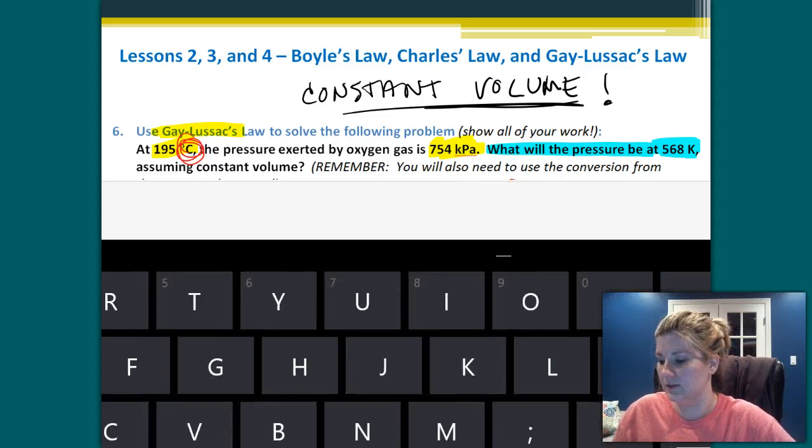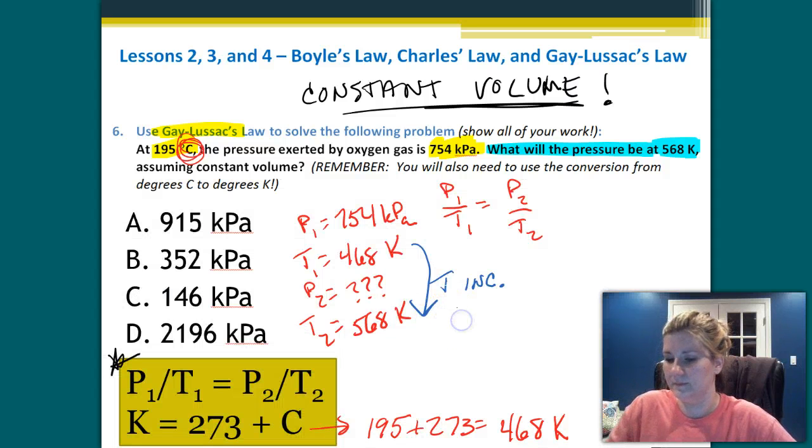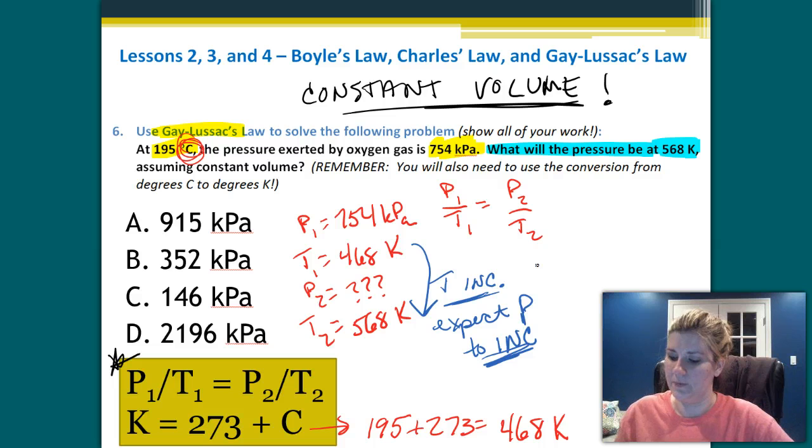If the temperature increases, we can expect P to increase as well. So if pressure is going to increase from the original 754, that means we can't have 352 be the right answer. That's less than 754. C is also not the right answer. That is less than 754. We're left with 915 or 2,196.